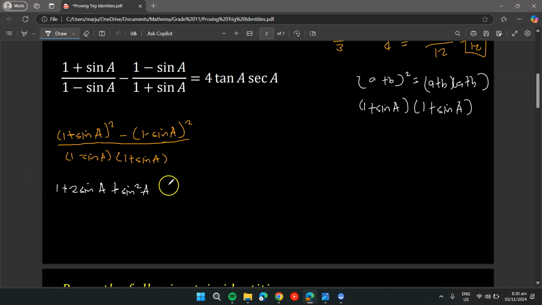By the way, this is my first. And then minus. The same is true here. I have 1 minus sine of a multiplied by itself.